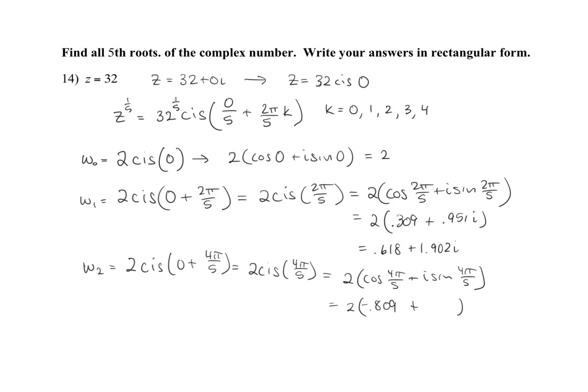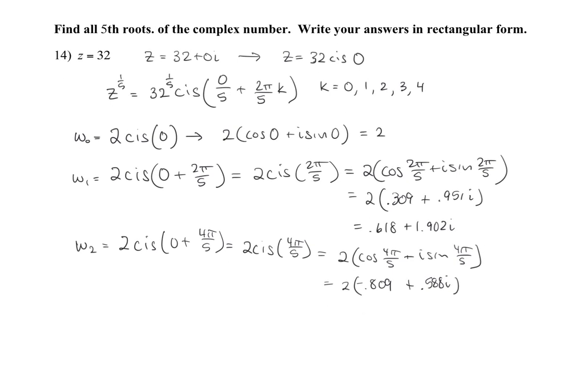The sine of 4 pi fifths is 0.588. So if you multiply each of those by 2, we get negative 1.618 and 1.176.